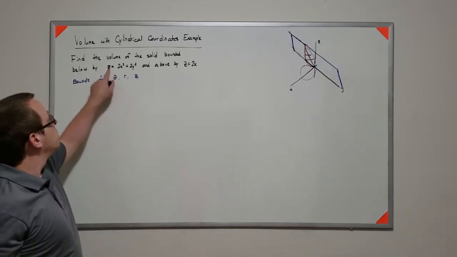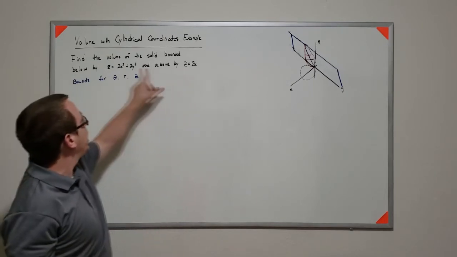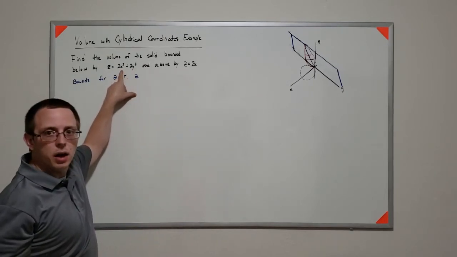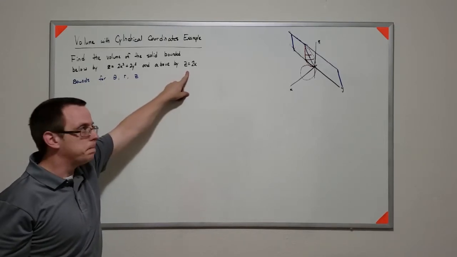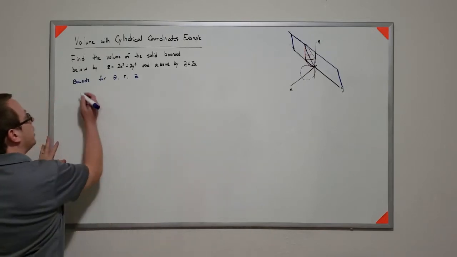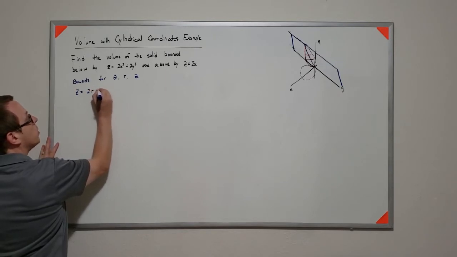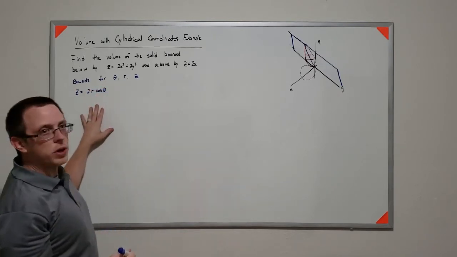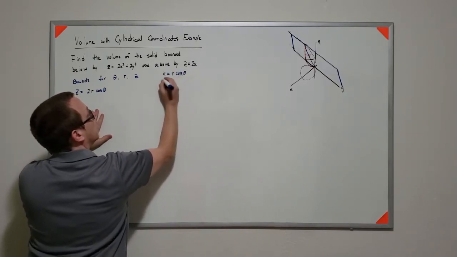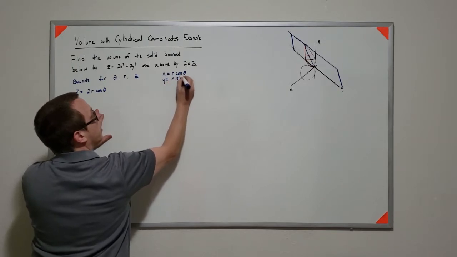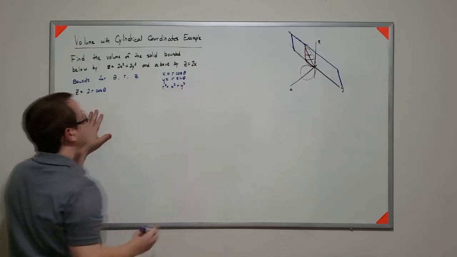It looks like our z bounds are pretty well solved for, right? It's bounded above by the plane and below by the paraboloid. But the problem is these are not in cylindrical coordinates. So what we're going to find is z equals 2r cosine theta, because x is r cosine theta, y is r sine theta, and r squared is x squared plus y squared.